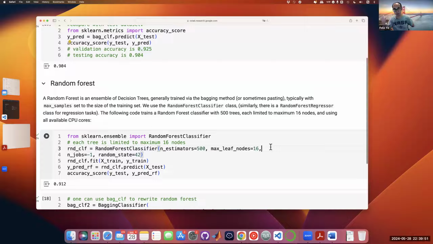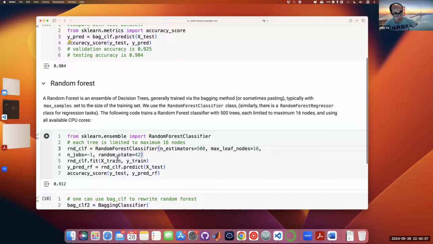That's the maximum number of nodes that I'm imposing. This naturally creates restrictions, or constraints, or regularizations of decision trees.